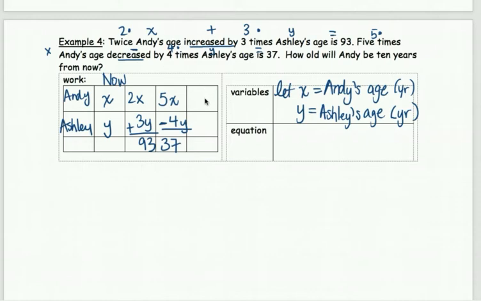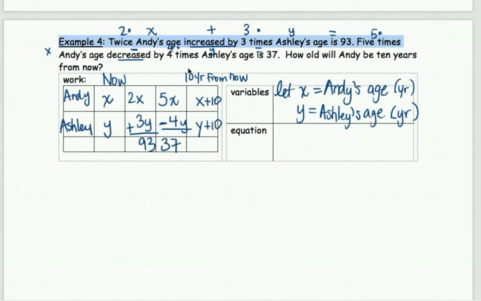But then the next part of the question says, okay, great, you have their age, but how old will Andy be 10 years from now? What you're doing is taking Andy's age and adding 10, and that's what you write as your therefore statement. And if we had to find Ashley's age, we would add 10 to that.